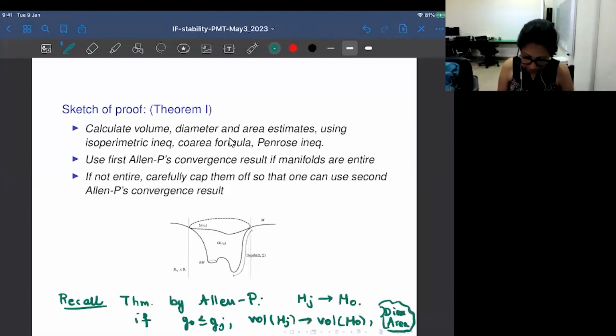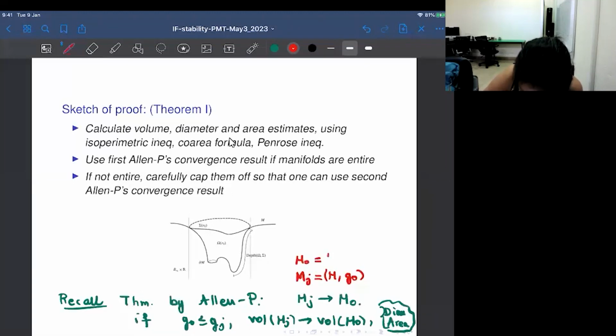But one thing that I should mention is that in this theorem, we actually fix the topology. So actually MJ equals M with a Riemannian tensor GJ, and M0 is the same manifold with another Riemannian tensor, okay?